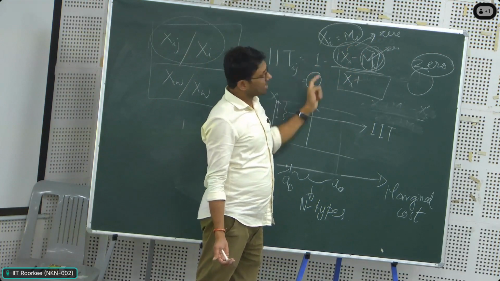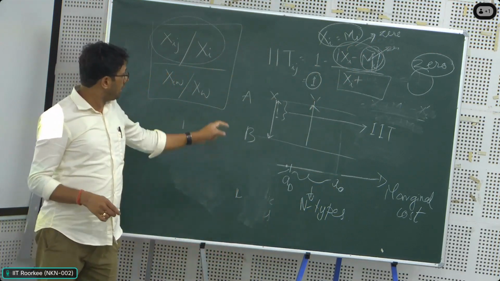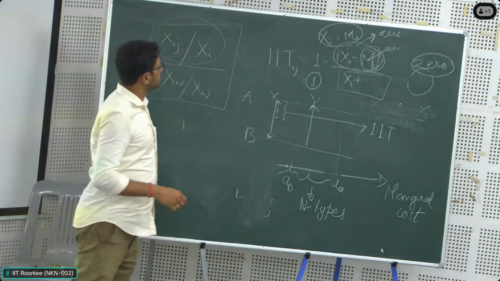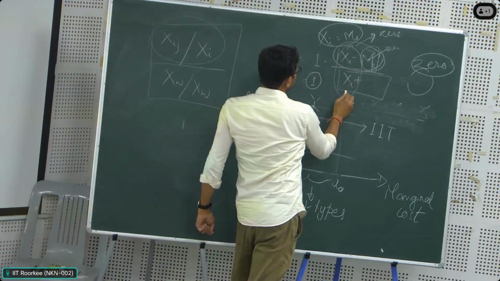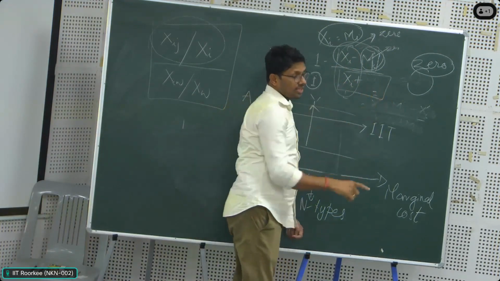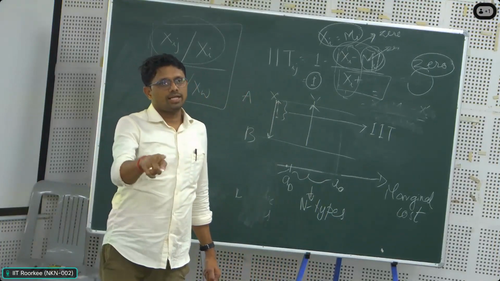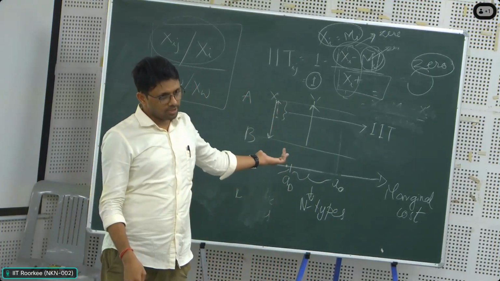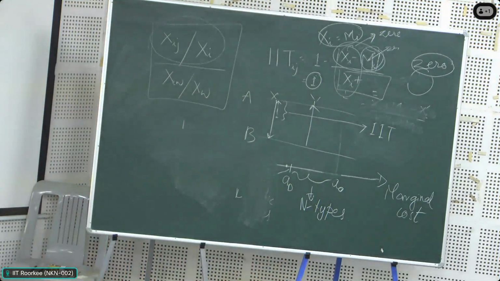So this is 1, and 1 minus 1 is 0. So when there is no intra-industry trade, IIT value is 0. When there is 100% intra-industry trade, IIT is 1. Clear now? Okay, we are going to estimate these with the real data.